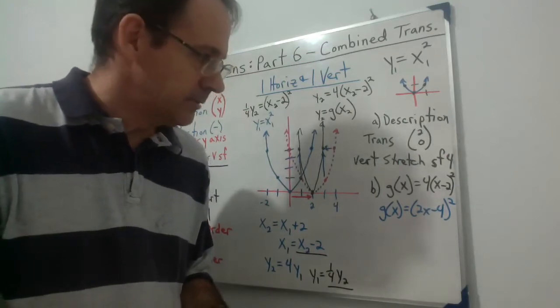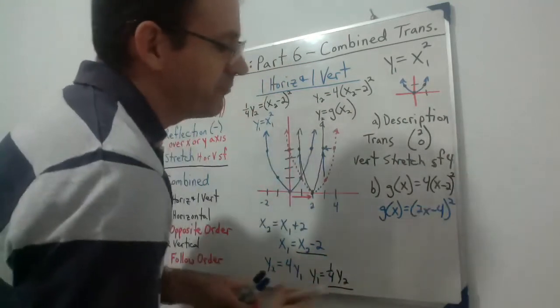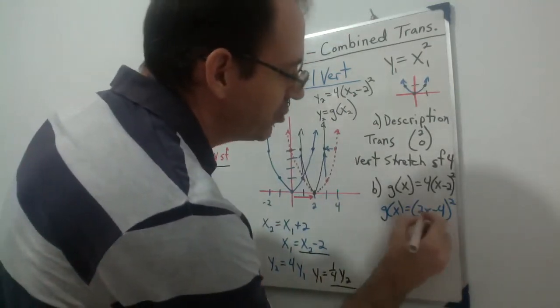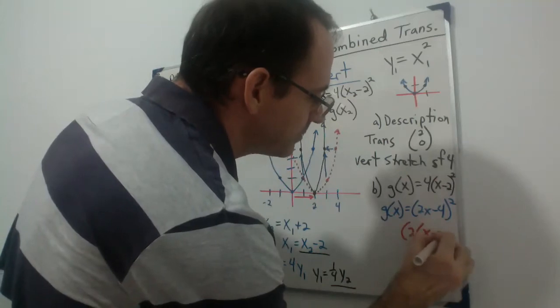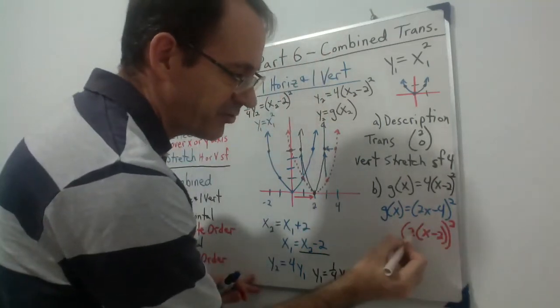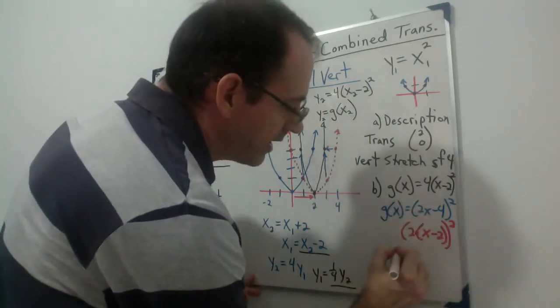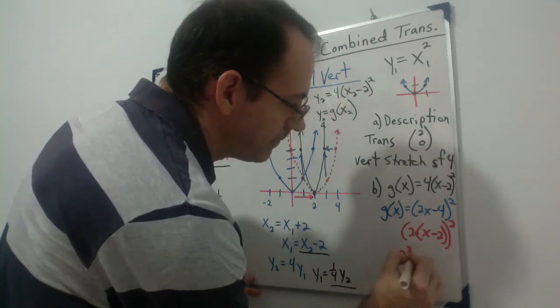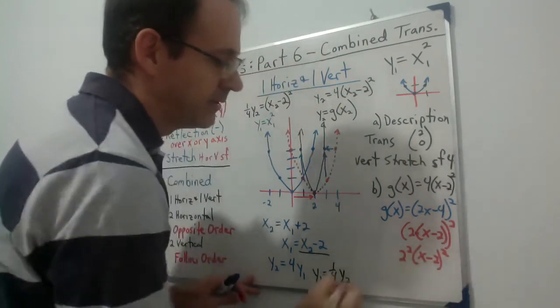Let's see. If we factor out, there's a 2 common to both. We get 2 times x minus 2, squared. Exponents distribute to multiply. So this is the same thing as 2 squared times x minus 2 squared.